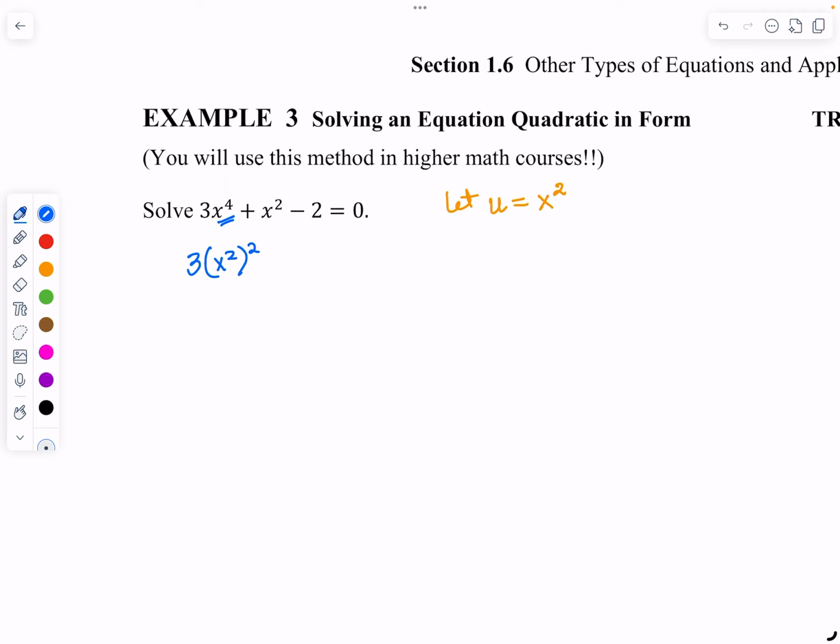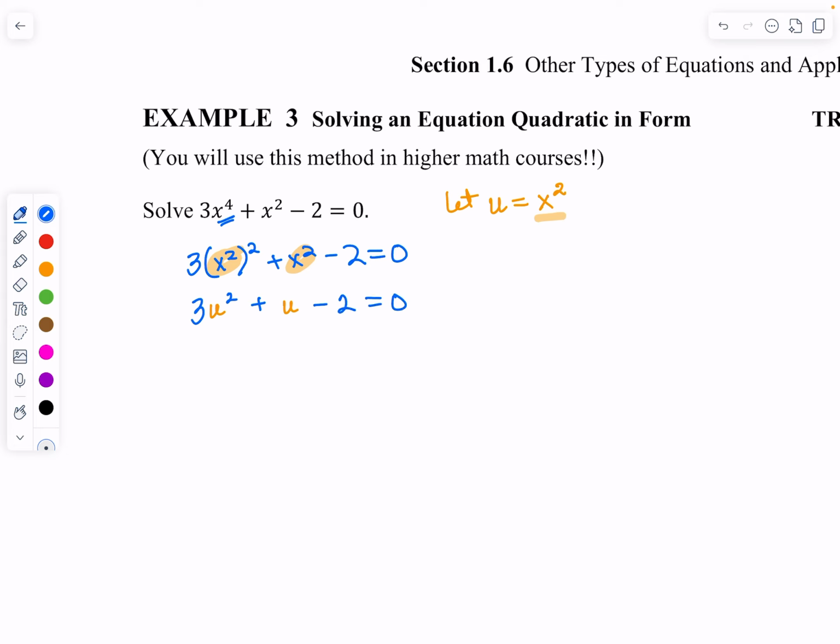You see that? That would give me x to the 4th. So 3 times x squared squared plus x squared minus 2. So now, do you notice that wherever there's an x squared, I'm going to stick in my u. So I'm going to have 3u squared plus u minus 2 equals 0.